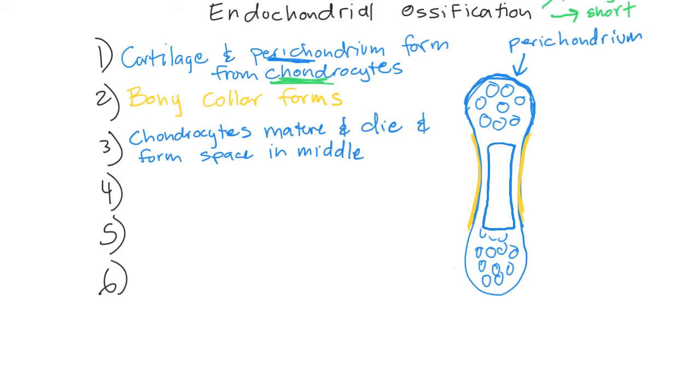So now that there's space there, what happens is blood supply will reach that opened inner part and form what's called the periosteal bud.